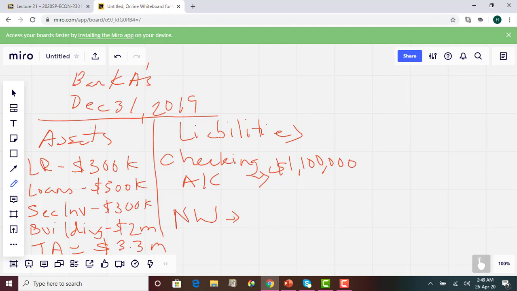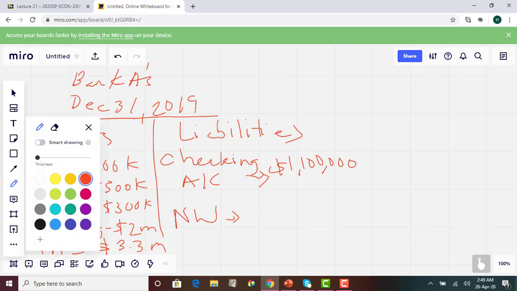So net worth will be equal to total assets minus liabilities, which is 3.3 million minus 1.1 million, which is equivalent to, actually I'm sorry, it's 3.1 million. I made a small mistake here.